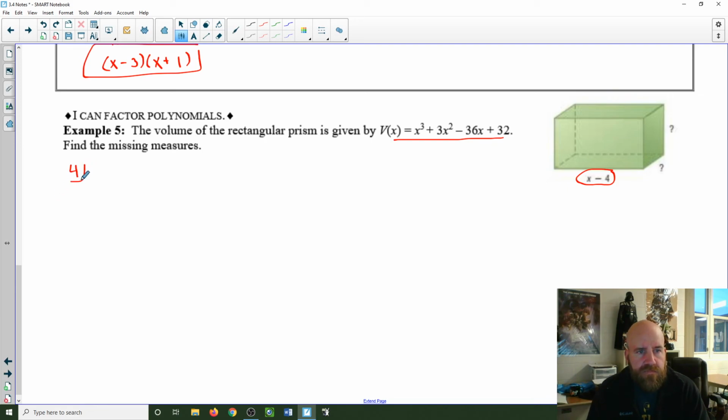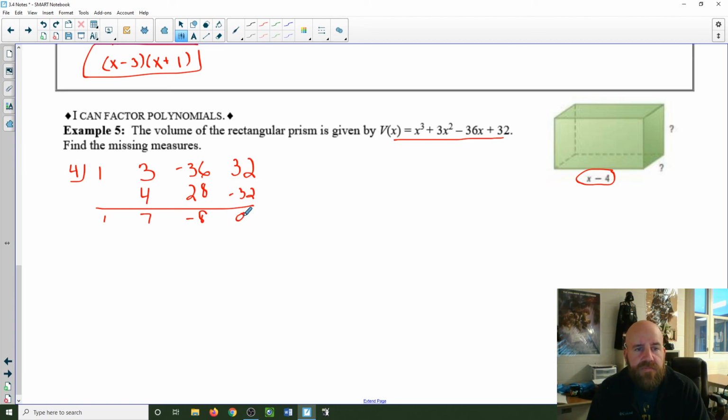So 4, there's a 1, a 3, -36, and 32. So 4 drops down. 4 times 4. Oh, not a 4. 1 drops down. 4 times 1. I was thinking ahead. 3 plus 4 is 7. 4 times 7, 28. -28, and again -32.